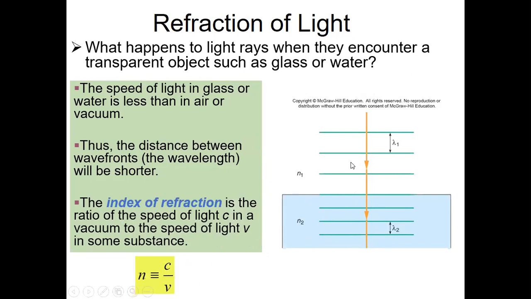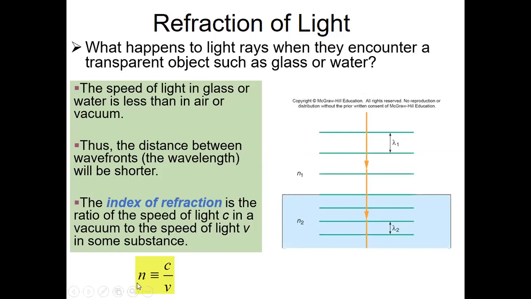So the index of refraction is the ratio of the speed of light in vacuum and the speed of light in that substance. So here, if you're using air as the first material and glass as the second material, then the refractive index of glass can be calculated using this equation.